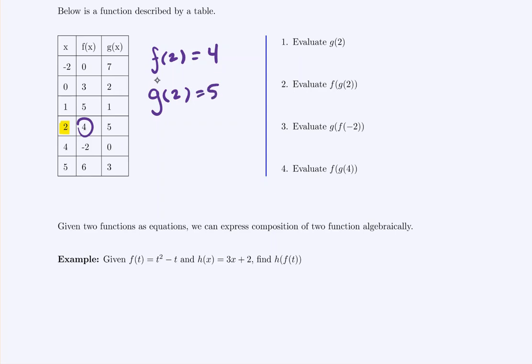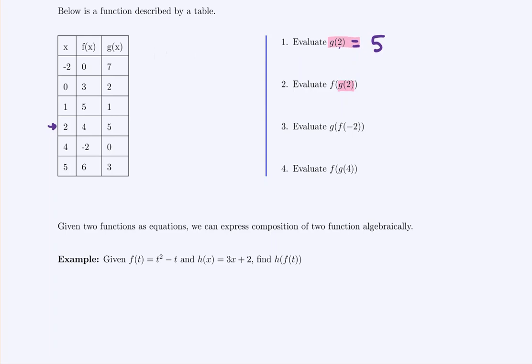So this is just an efficient way to show the relationship between two different functions and the corresponding input values. If we're looking at g of 2, the input is 2, but we're going over to the function g, so we know that's 5. Then when we evaluate the function composition f of g of 2, we first need to know what g of 2 is.